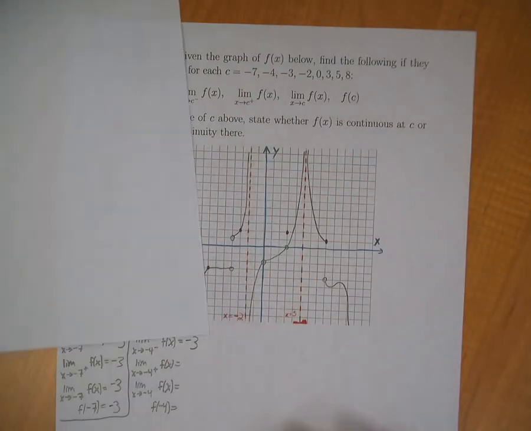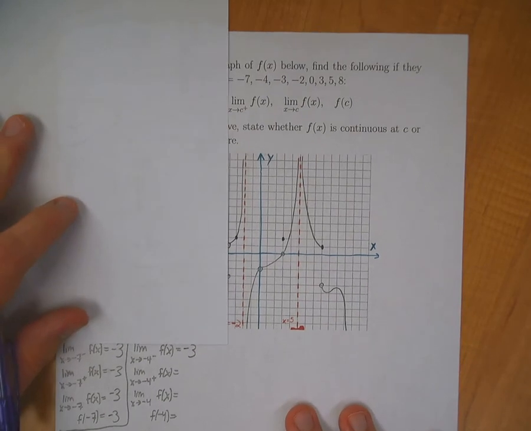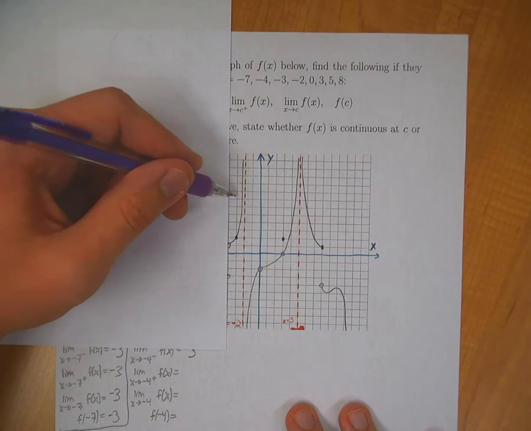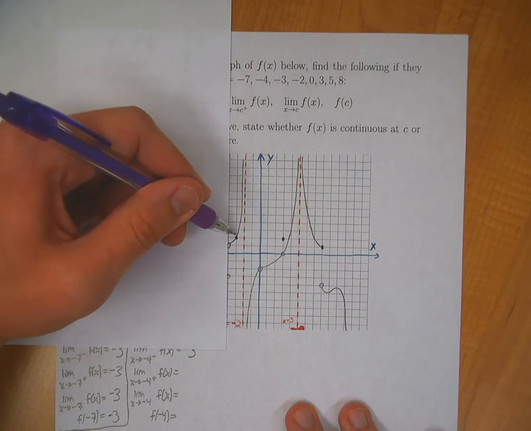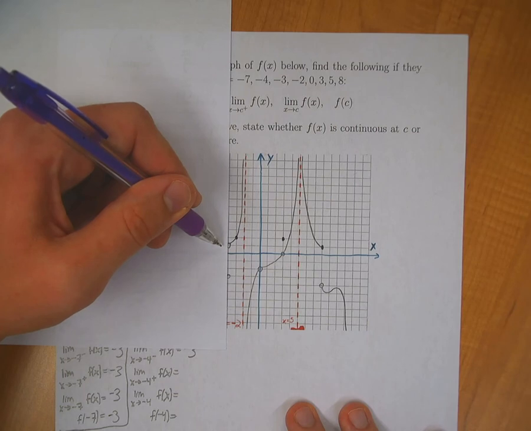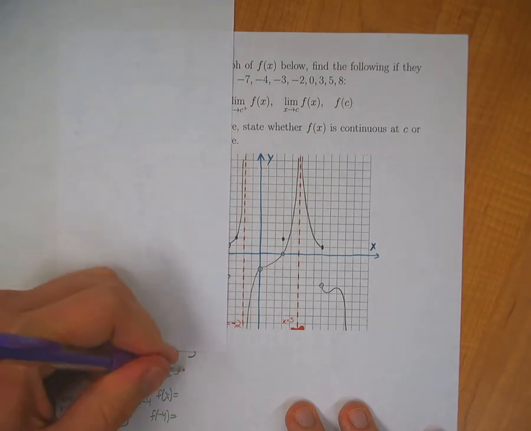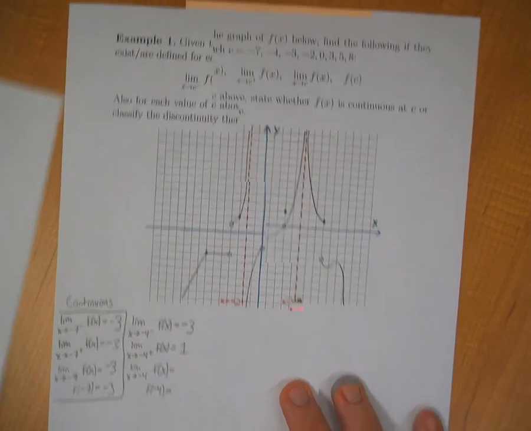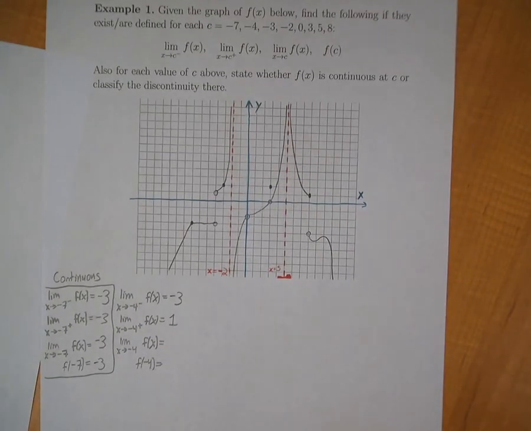Now let's do the same thing for the right side limits. So if we approach -4 from the right, what y value are we approaching now? 1. Good. So that means our right side limit is 1. Oh, but hold on. What does that tell us about our two-sided limit? Doesn't exist, right?